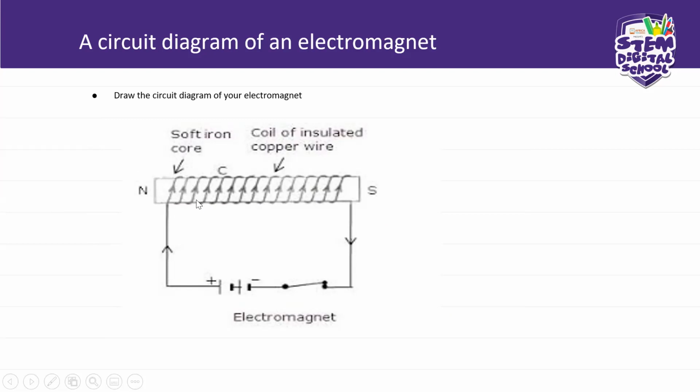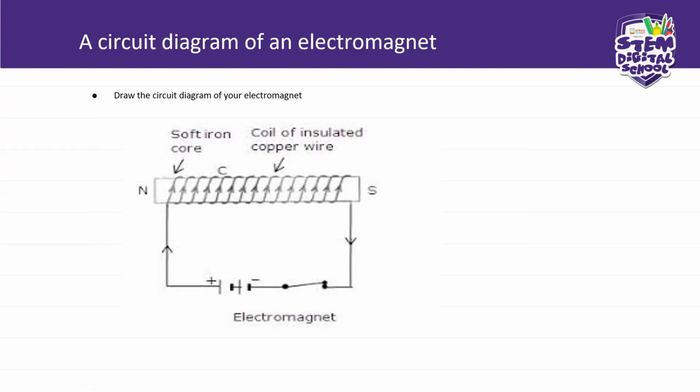Use arrows to show the flow of electrons from the North Pole to the South Pole, okay? And then you have your switch there. It is a closed single pole, single throw switch, closed there. And then you have your battery connected there, okay? So this is the circuit diagram of your electromagnet.